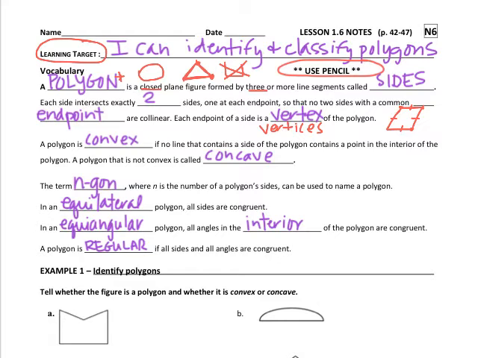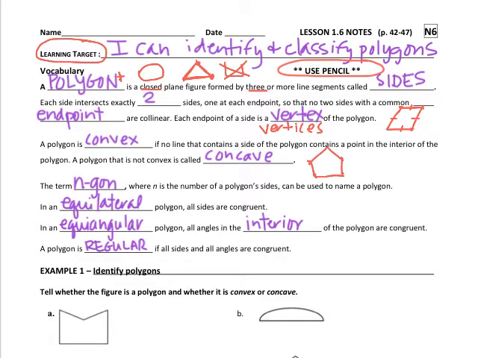A polygon is convex if no line that contains a side of the polygon contains a point in the interior. So a convex polygon would be something like maybe the shape of a house where none of these vertices are kind of indented. Okay, that's called convex.